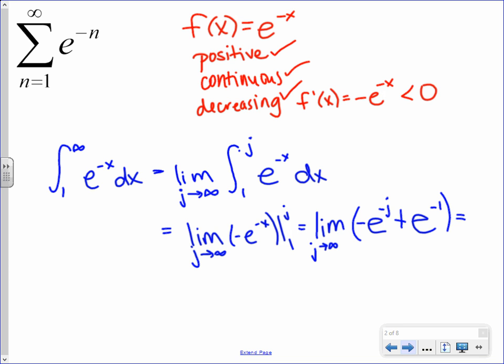Towards infinity, what happens to negative e to the negative j? 0. We get a value. This improper integral converges to 1 over e.